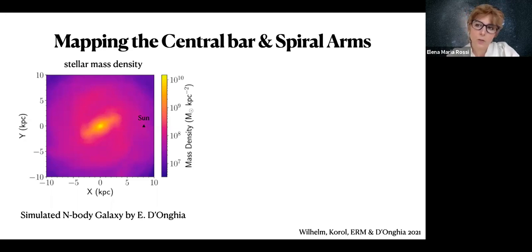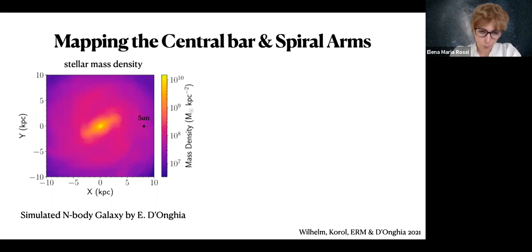In particular, since we have a lot of data in the bulge and in the galactic center, unlike optical data, we concentrated on the ability of gravitational waves to trace the central bar and also the spiral arms of the galaxy. And as a template galaxy, we used a simulation from Elena.